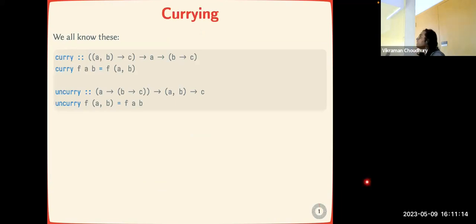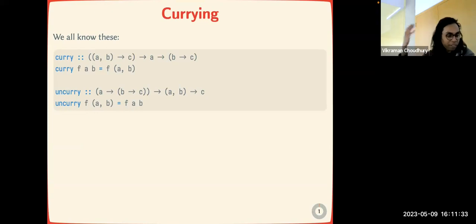So let me start from the very basic understanding of functional programming, which is we have higher order functions and we have currying. If you take any modern functional language, you can write curry and uncurry, and it doesn't do anything because the language itself has currying and uncurrying built in.